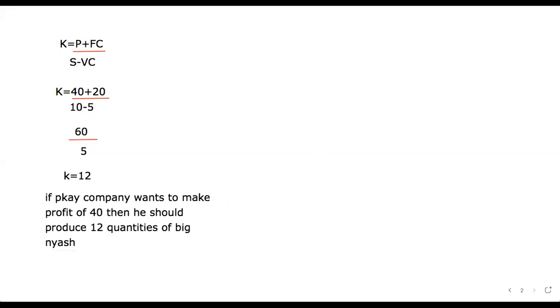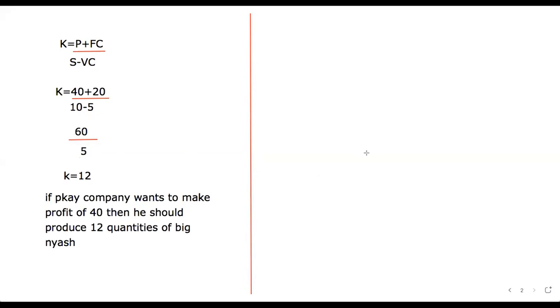Please, do we get up to this point? No, please, I just want to ask, how did you get 12? We added 40 plus 20, then 10 minus 5, so 60 over 5. The K, 60 divided by 5, is 12. It's division, not minus.